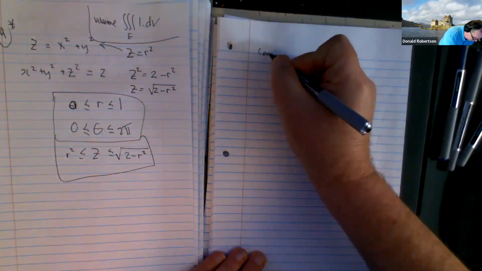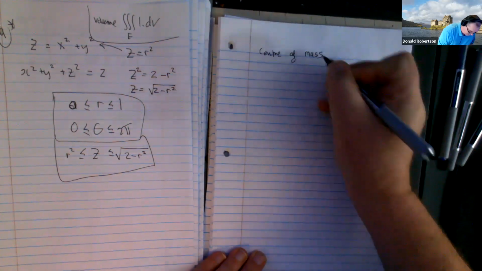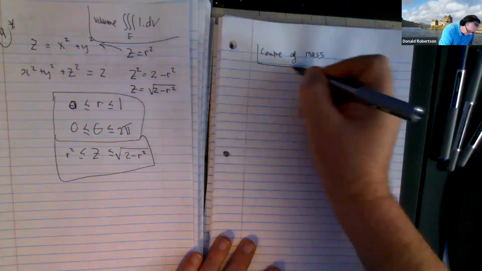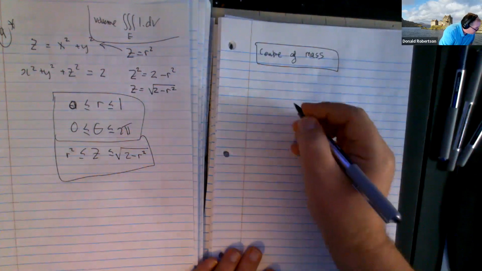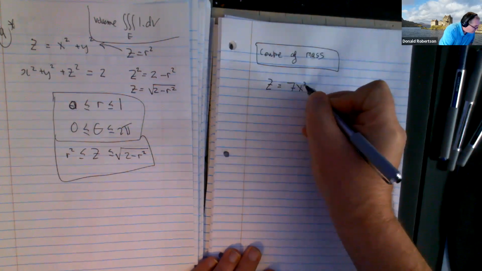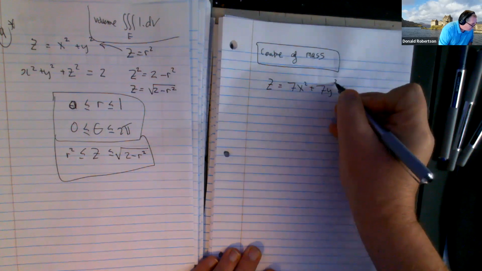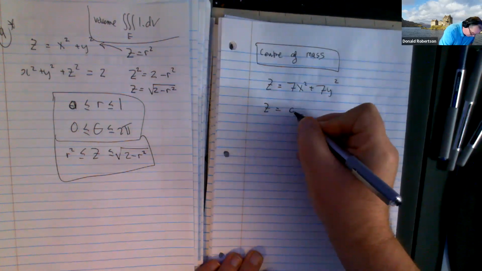I'm going to do a center of mass question. Or at least I'm going to get it started. And the center of mass question in this case is a parabola with that equation, and the plane z equals a.